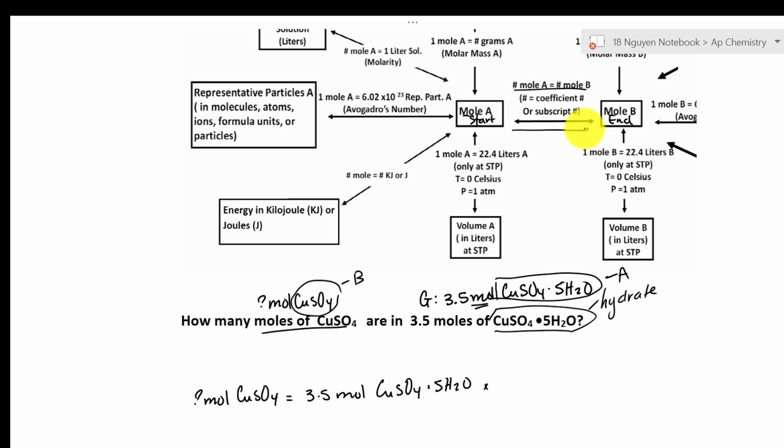From here to there, right? We multiply number of moles A equal to the number of moles B. And there we go. And we know exactly what A is going to be. A is the chemical of the given because it changed from A to B. So in this case, we have CuSO4·5H2O. Okay? And then for B, it's just going to be CuSO4.